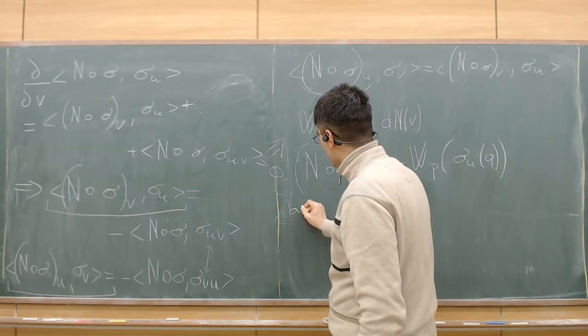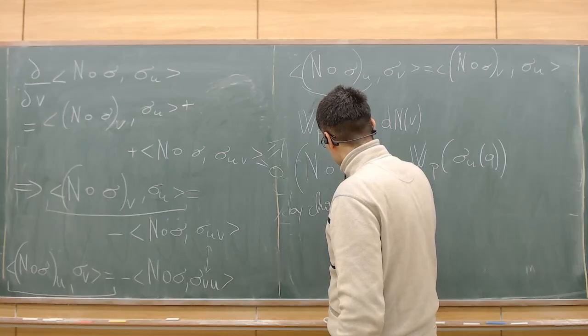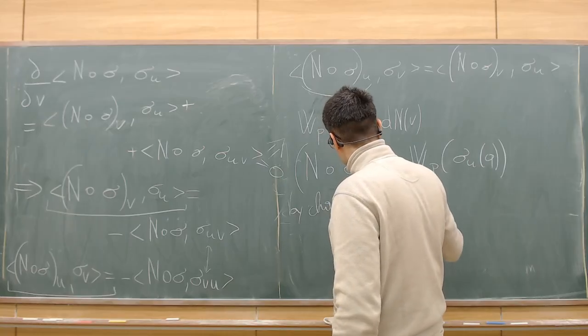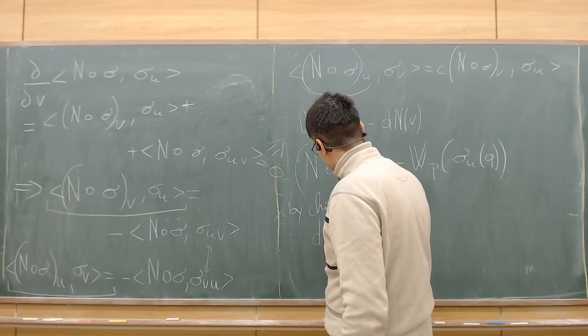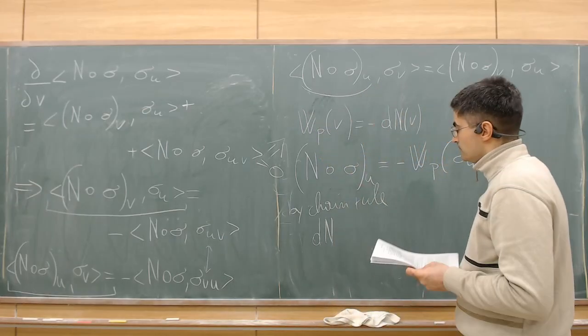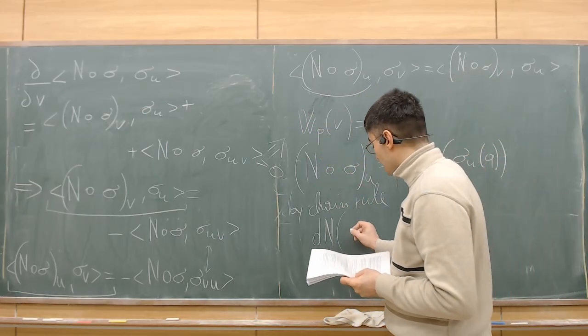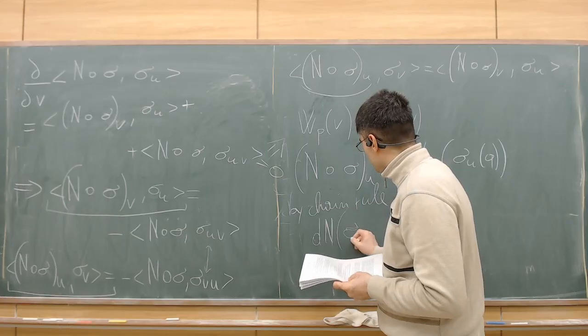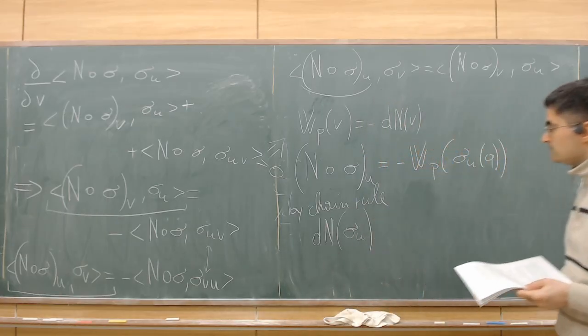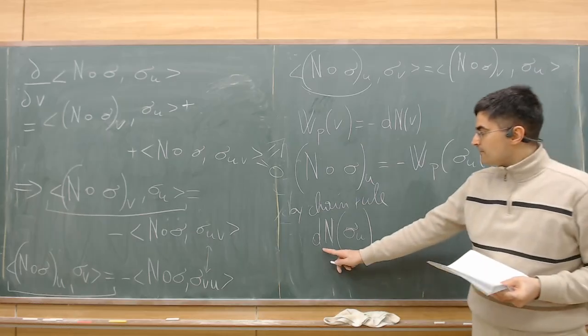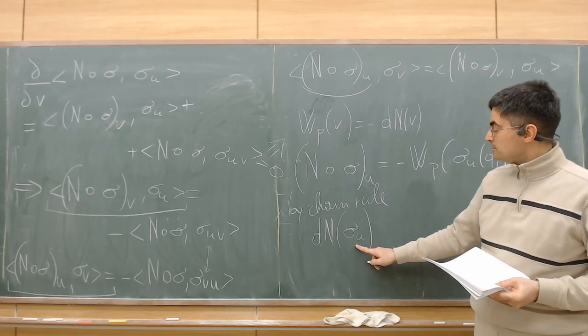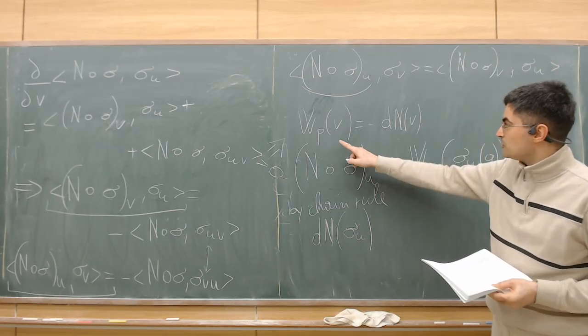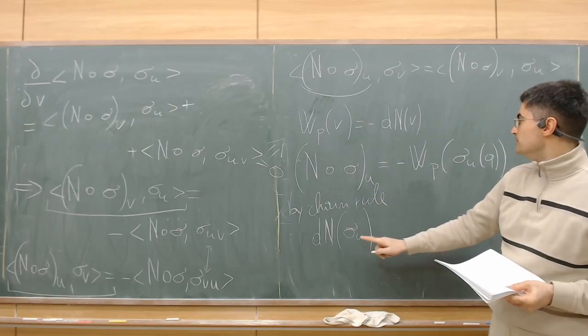So by chain rule, this is the dN evaluated at sigma u. But the dN evaluated at sigma u up to a sign is the Weingarten map at sigma u.